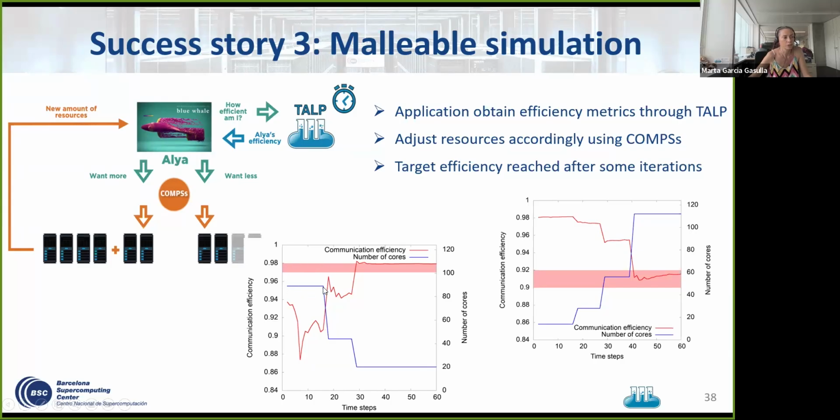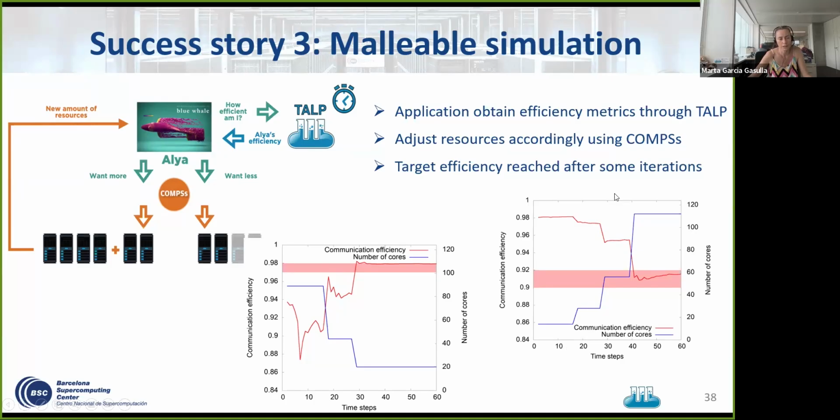So at this point, Alya decides to release some resources and work with fewer resources because the communication efficiency is lower than it wants. So we reduce the number of resources. We see that the communication efficiency improves, but still is not reaching the target. So we release some resources again. And at this point, with this new number of resources, the target communication efficiency is reached, and we stay here.